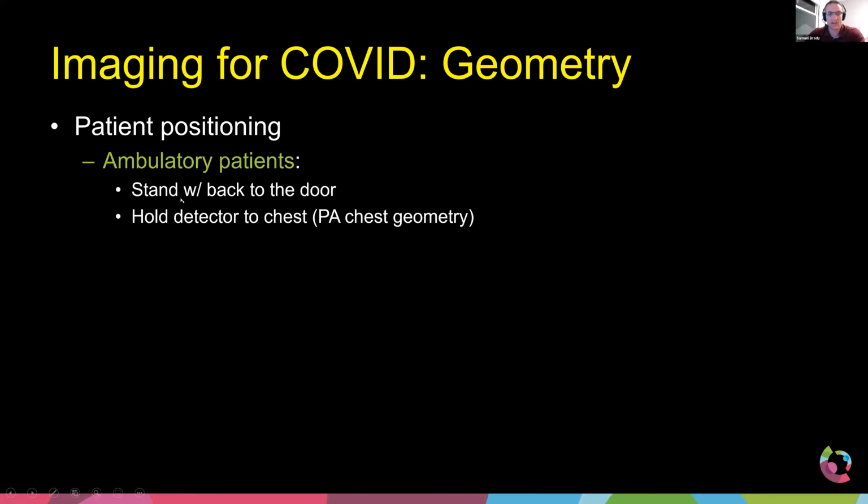They're going to come to the door, so we're going to image through the door. We're going to have them turn around so we do a nice typical PA acquisition, and we're going to have them hold the detector. So no chest bucky in the room. They themselves are the chest bucky. And we're going to do our best to get that detector lined up to the chest anatomy.